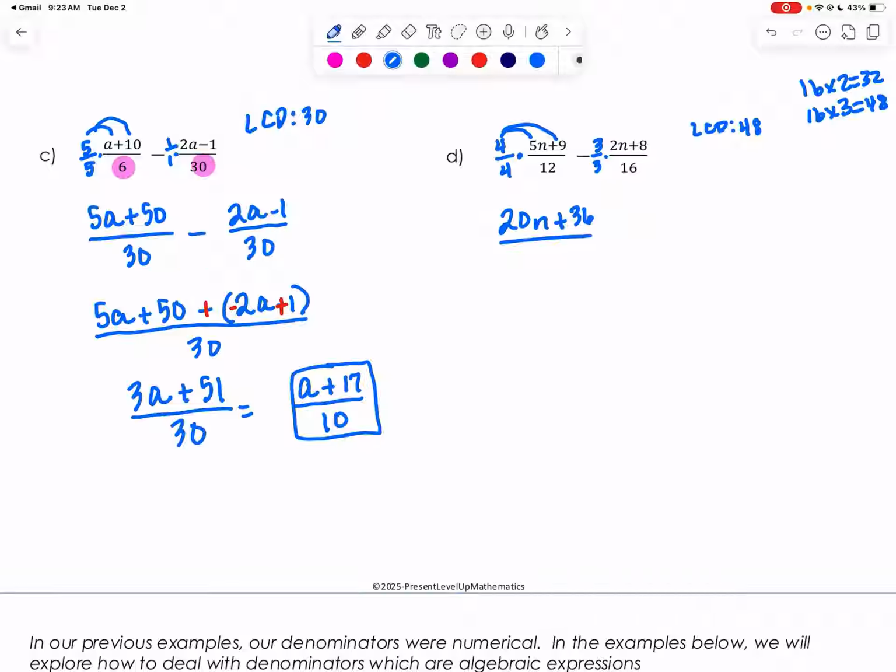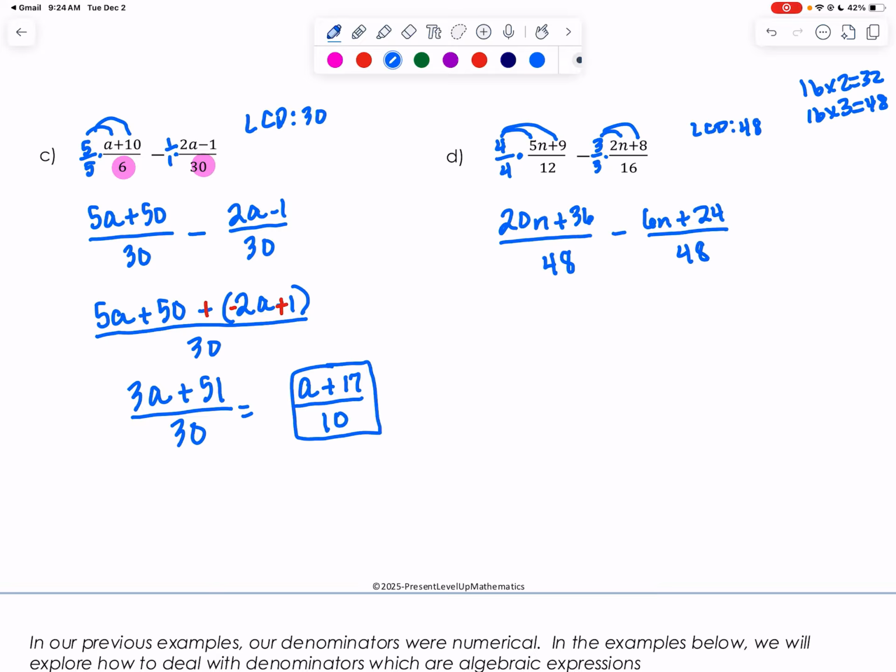In the denominator, 4 times 12, 48. Minus, here, distribute, 3 times 2n gives me 6n. 3 times 8 gives me 24. And on the bottom, 3 times 16 gives me 48.